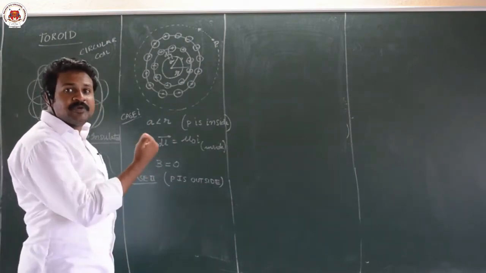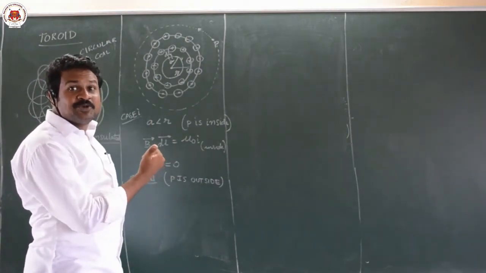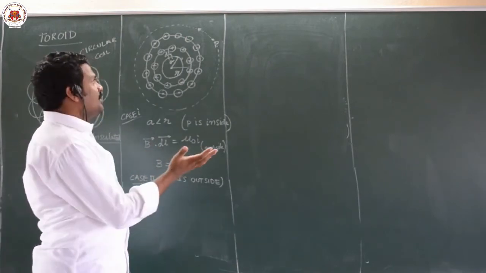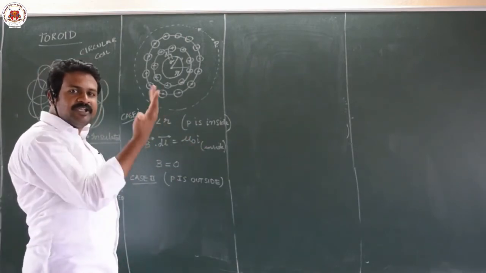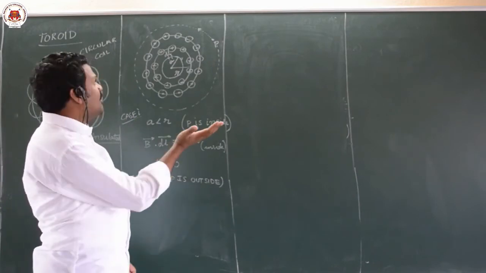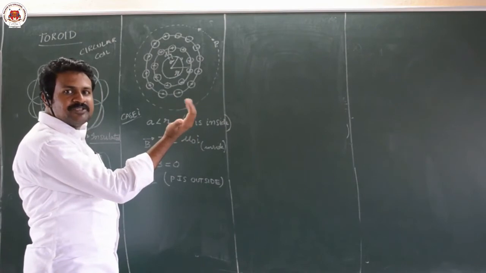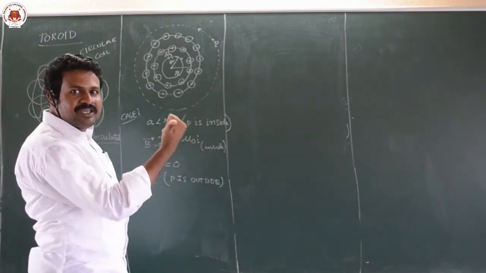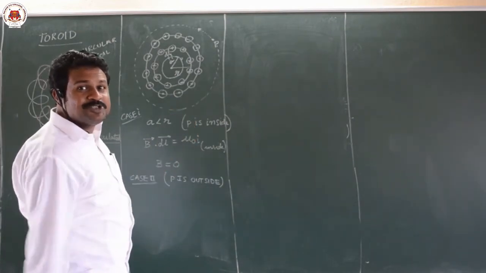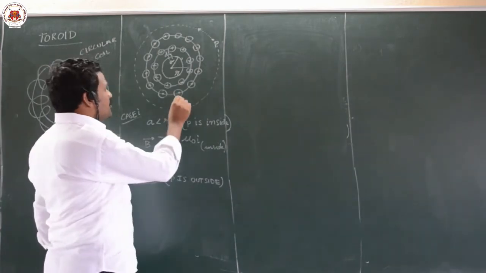You can refer back to your Ampere's circuital law video. You can take any direction, either clockwise or anti-clockwise. I have taken anti-clockwise. If I curl my hand like this, the direction of the thumb gives the positive current, meaning current going out is positive.